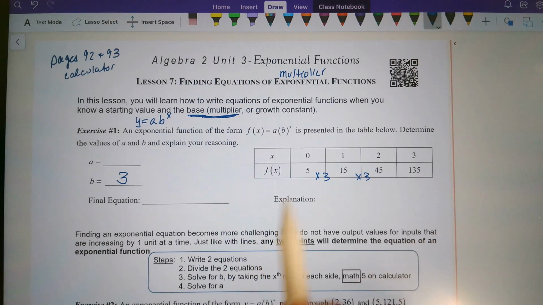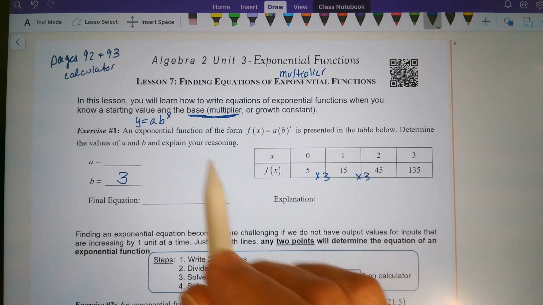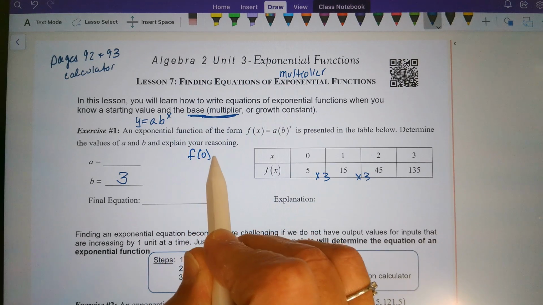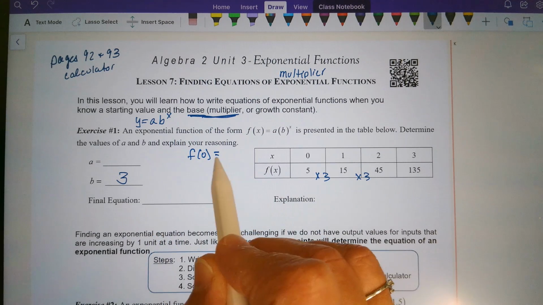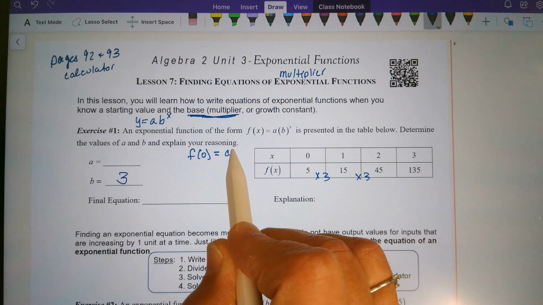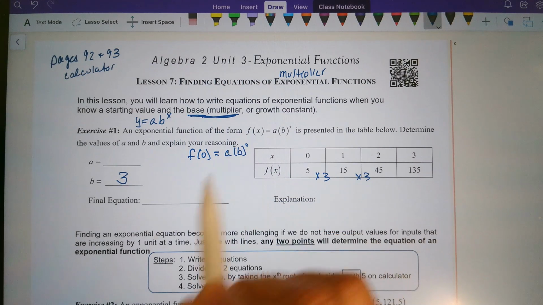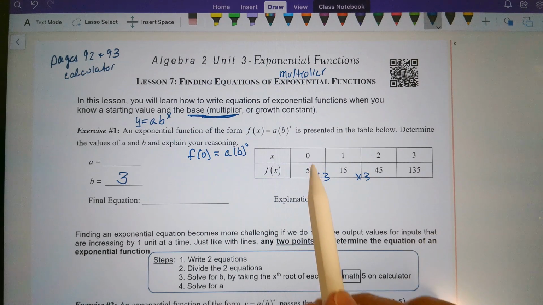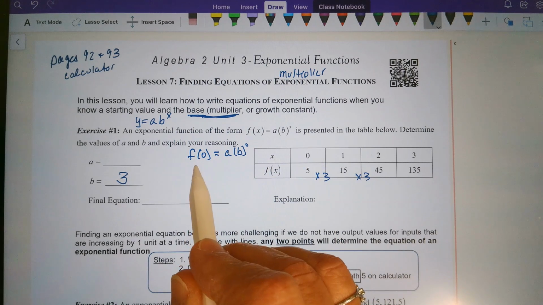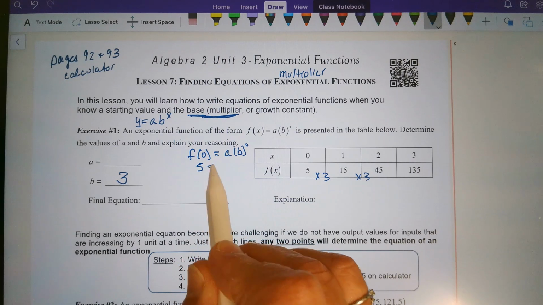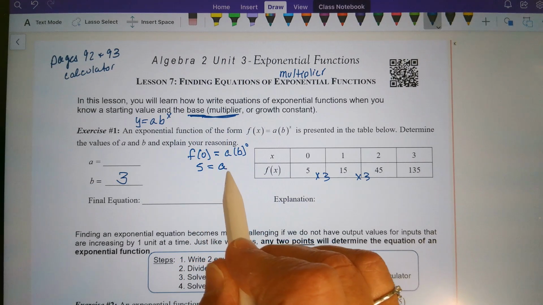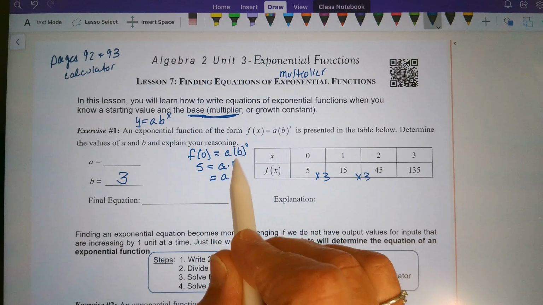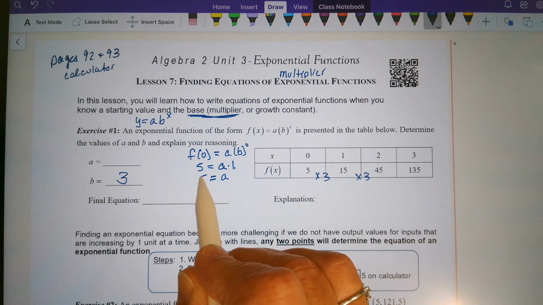What's the a value? Let's say we evaluate f of 0, which would equal a times b to the 0. When we input 0, the output is 5. So replace f of 0 with 5. 5 equals a times 1. So a is 5, right? B to the 0 is 1. Anything to the 0 power is 1.